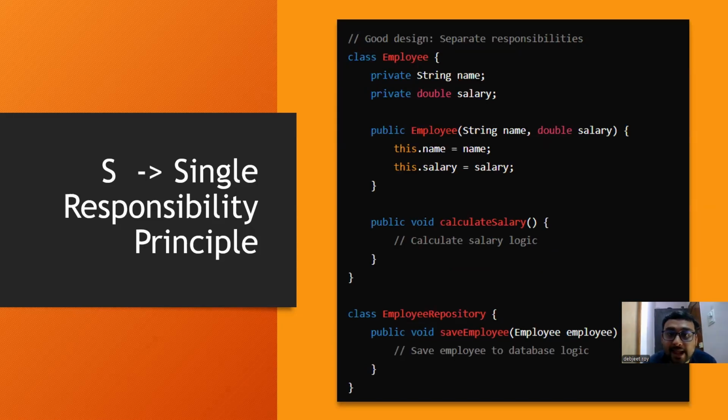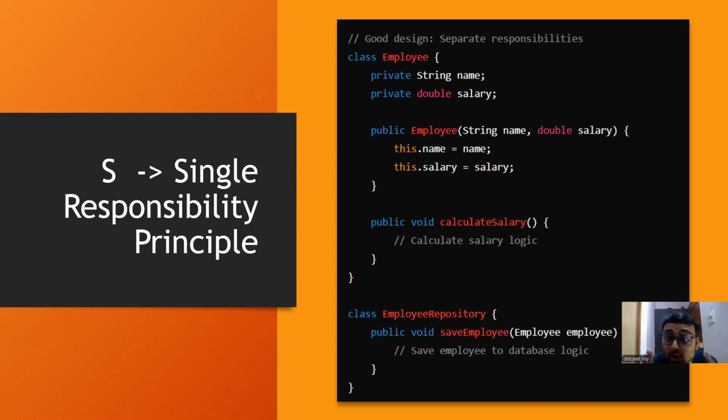So according to this, only one method will be present, like calculate salary. So the employee class can do only employee related stuff, like calculating salary. Okay, if there are other things which an employee generally does, those functionalities need to be put in employee. And in the employee repository, you can create a separate class or interface, and there you can add this method save employee, because save, update, delete operations are with respect to DB operations.